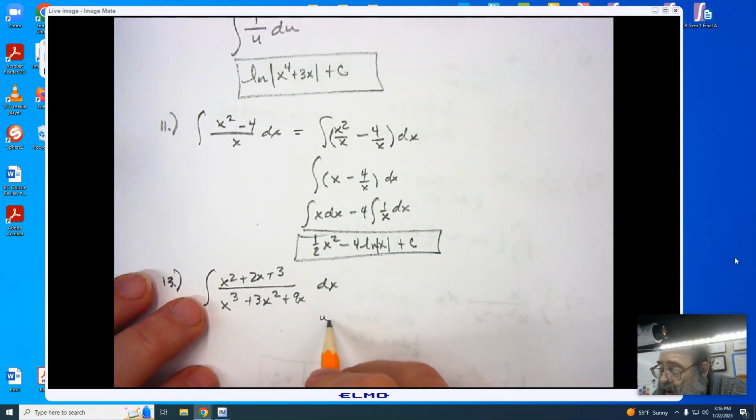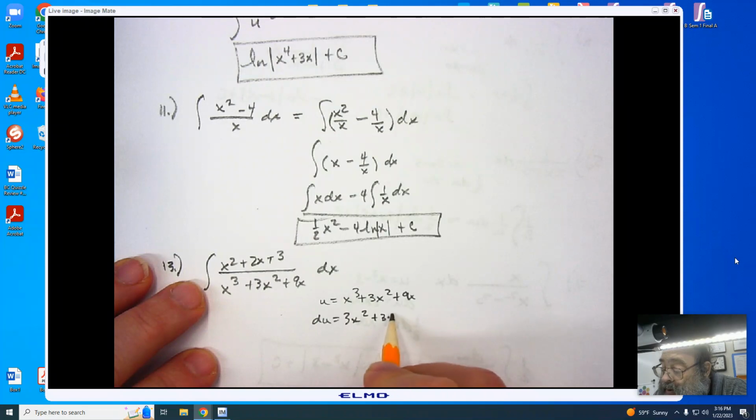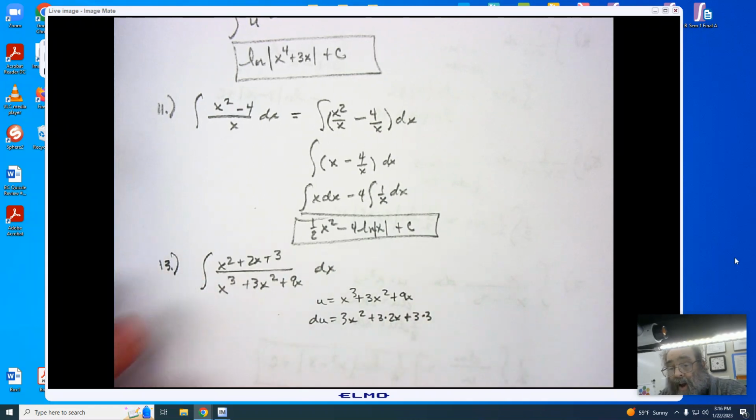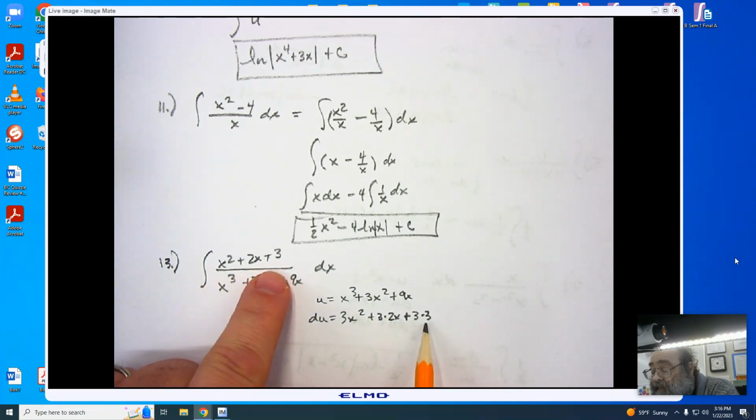Take that u, make it the denominator, x cubed plus 3x squared plus 9x. Now take the derivative. Du is 3x squared plus 3 times 2x plus 3 times 3. Now, the reason why I wrote this in factored form is so that you can see that we have that x squared, we have a 2x, and we have a 3.